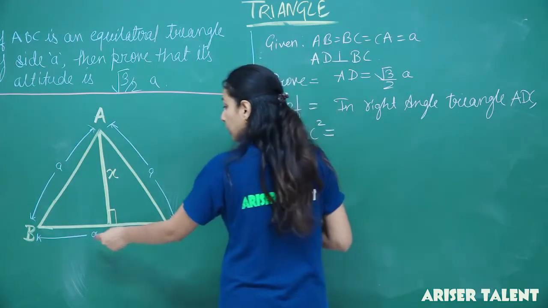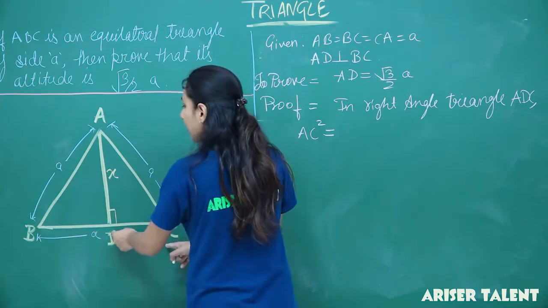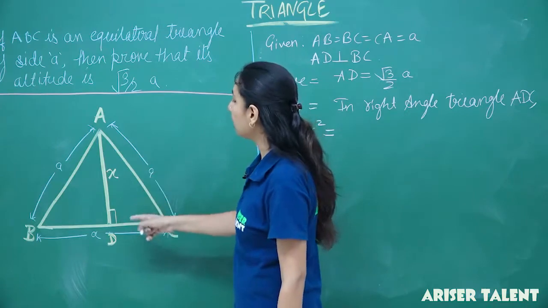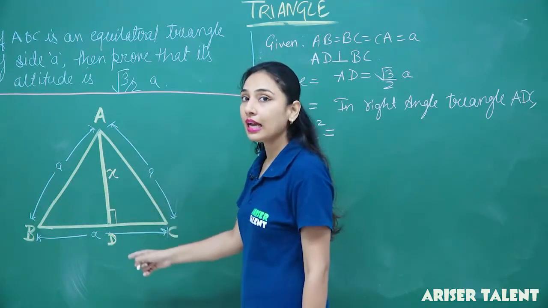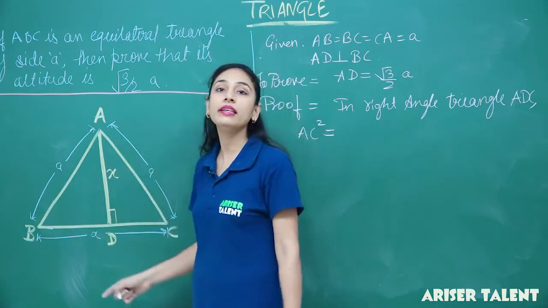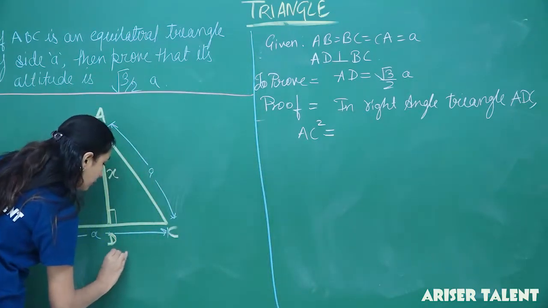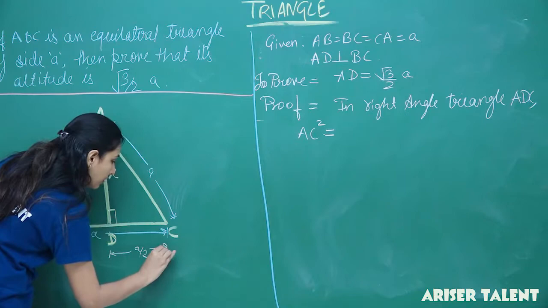So that will be A by 2, because the perpendicular of an equilateral triangle bisects the base, it's also its median. So it will be A by 2 and it will be A by 2 also.